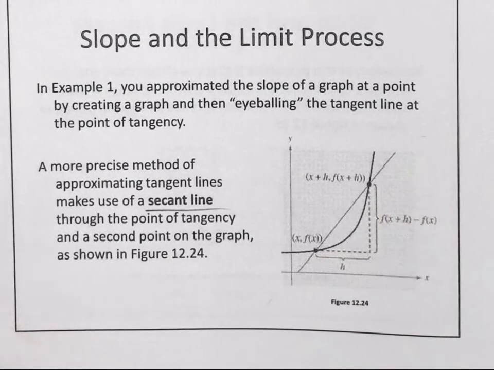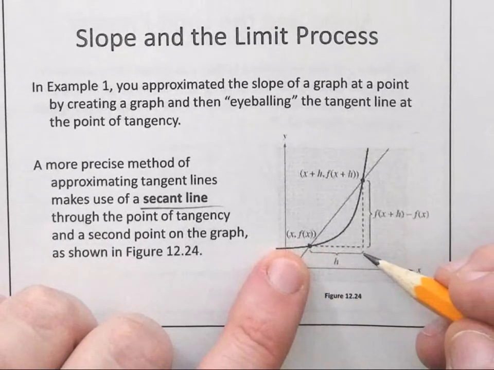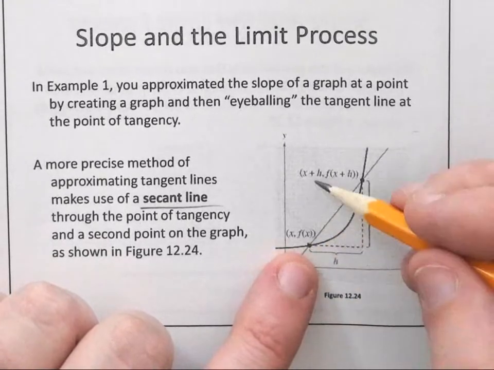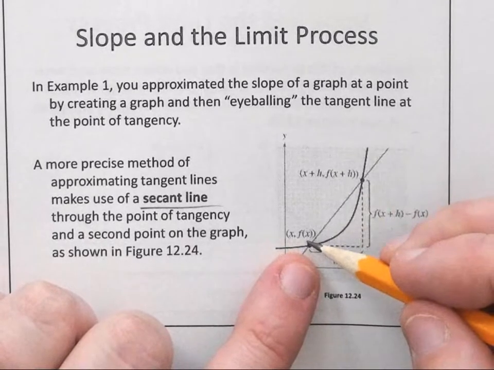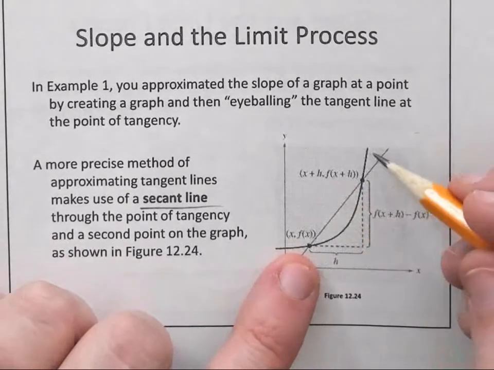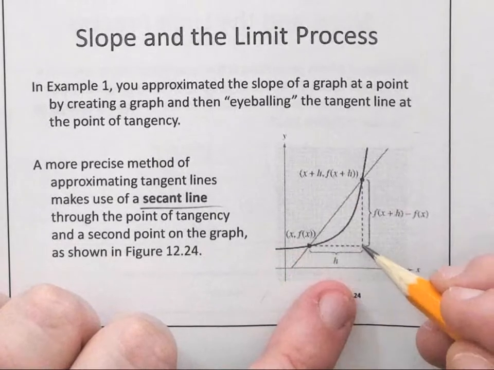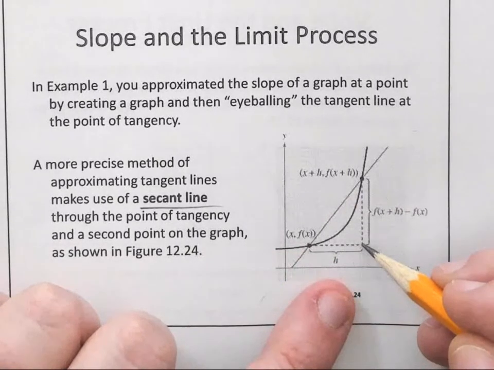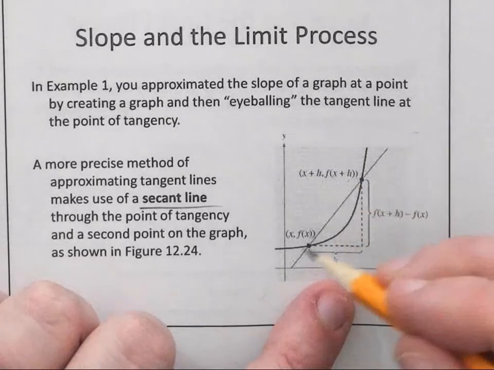That's not going to approximate the slope very well, but the idea is, if this is x and f of x, then I go over some arbitrary amount, let's call that h. This x would turn into x plus h. The f of x would turn into f of x plus h. You just plug in that value to get your y value, right? So my difference from here to here would be just h, and the difference from here up would be that y value minus this y value.